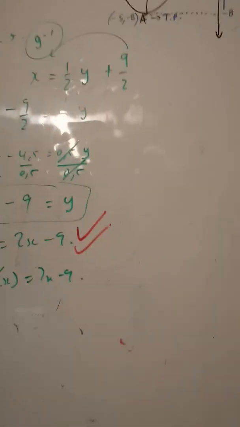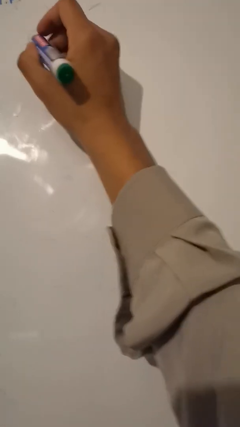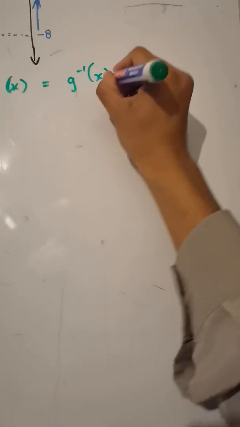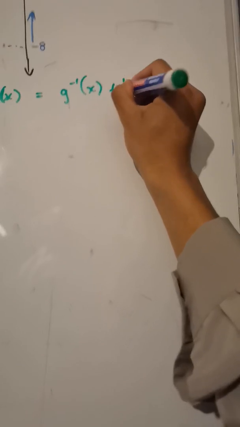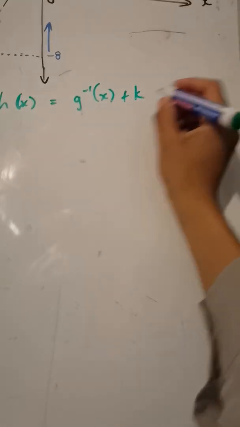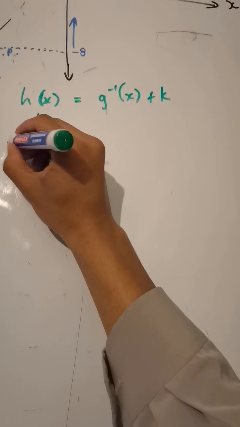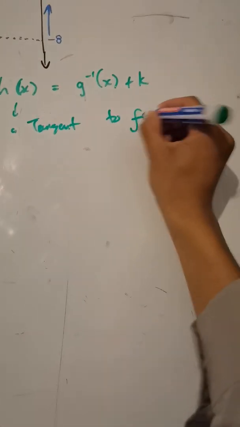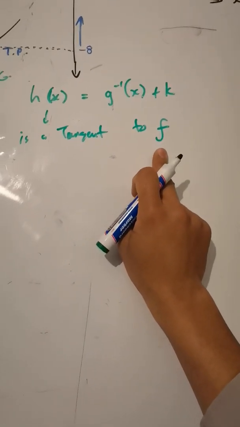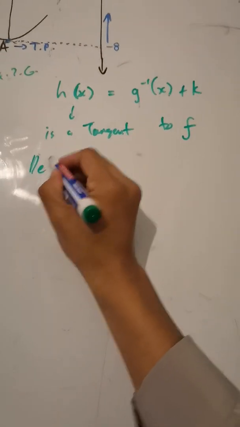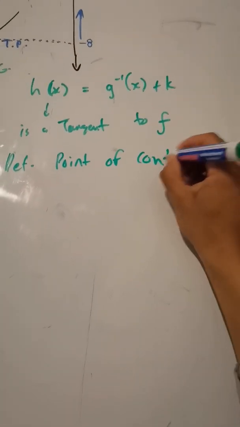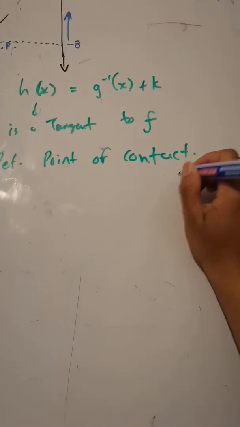They say, if h of x is equal to g to the negative 1 of x plus k is a tangent to f, so they're saying that this h of x is a tangent to f, determine the coordinates of the point of contact between h and f.